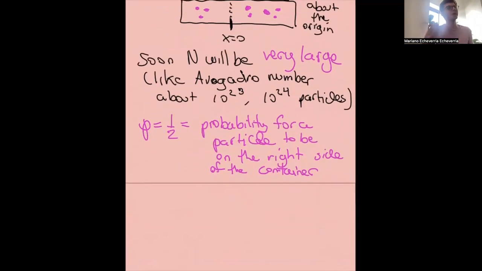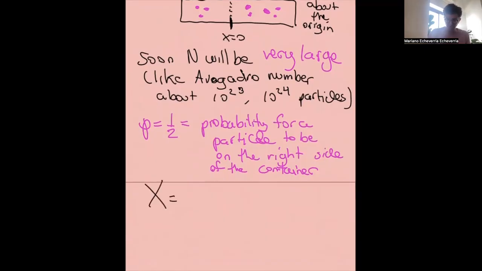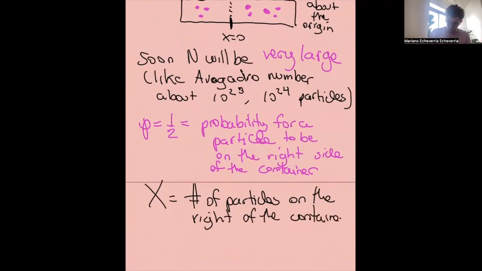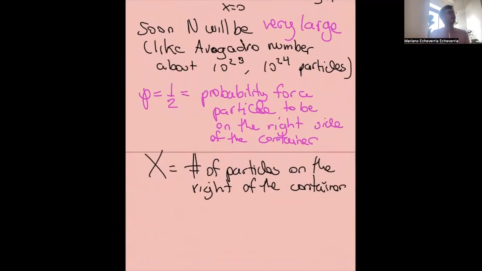If you remember, we could define a random variable, which was the number of particles on the right side of the container. This would be a binomial random variable.